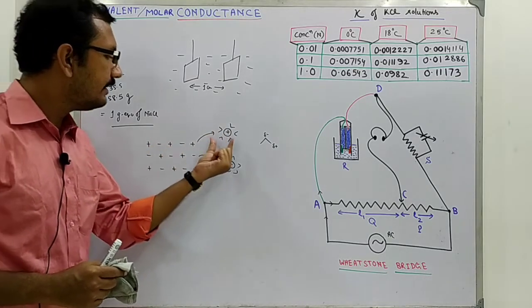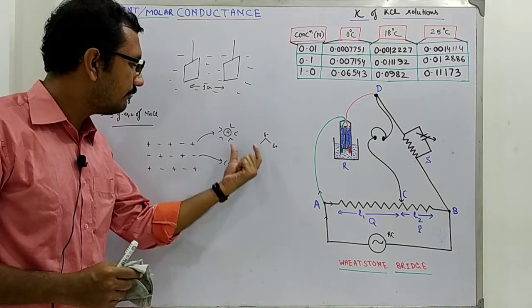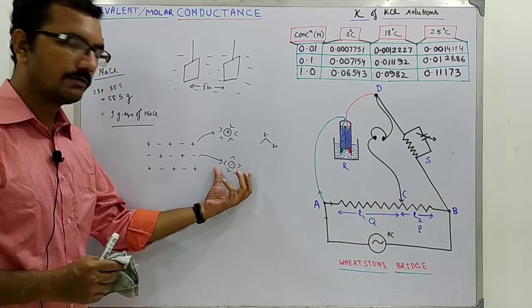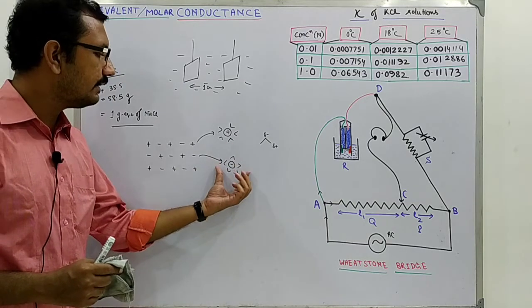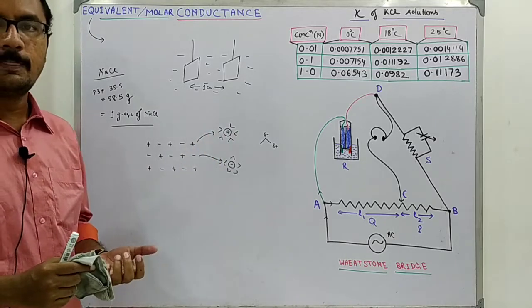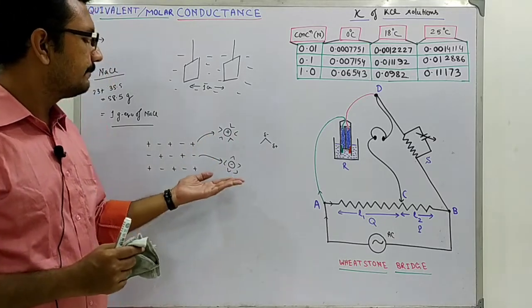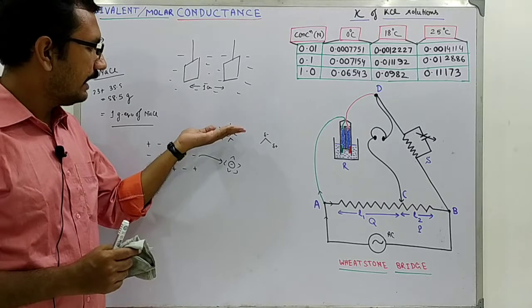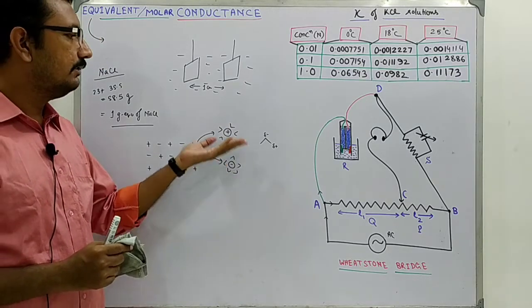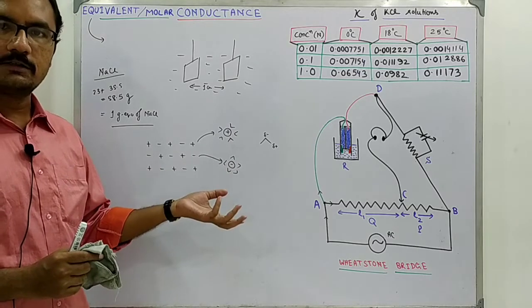That is, a hydrated cation remains surrounded by hydrated anions, and also the hydrated anions remain surrounded by hydrated cations. So, a great influence of the attraction between opposite charges occurs and that affects the conductance very much.